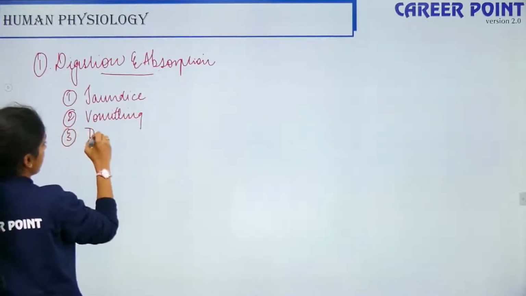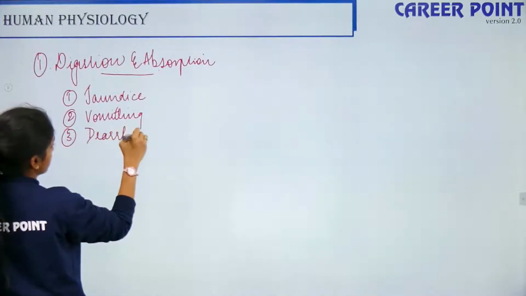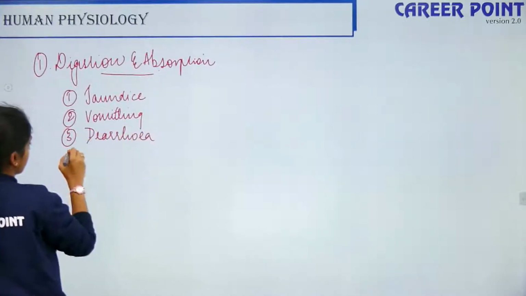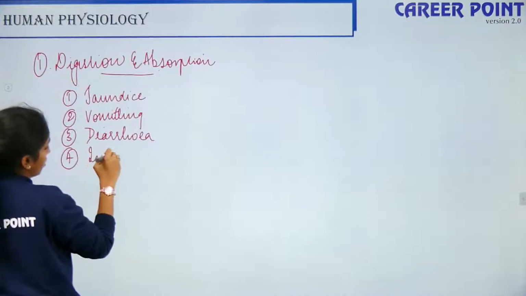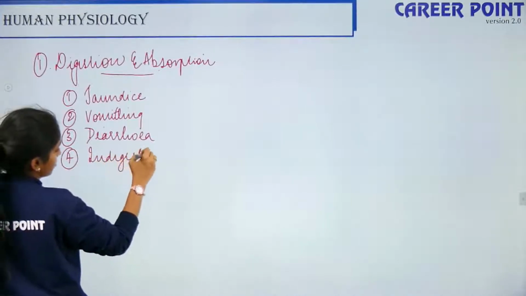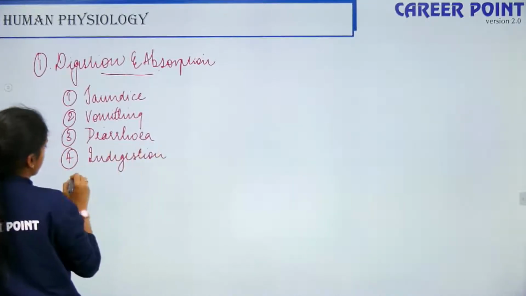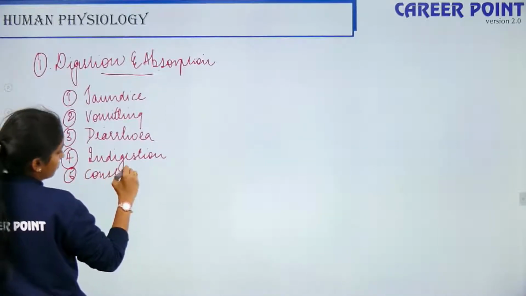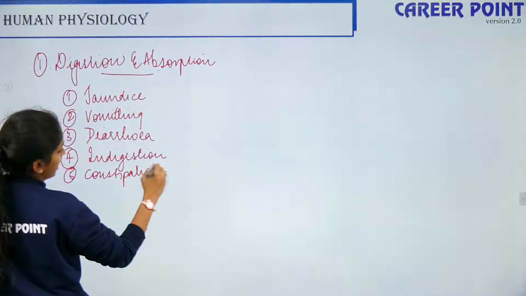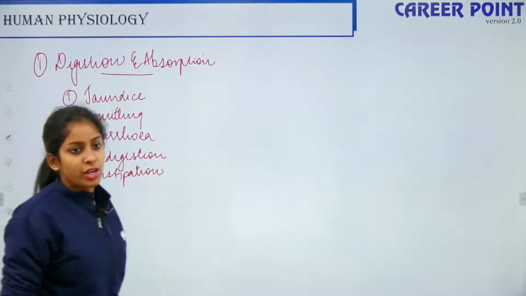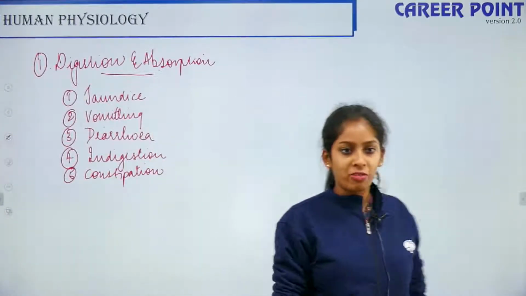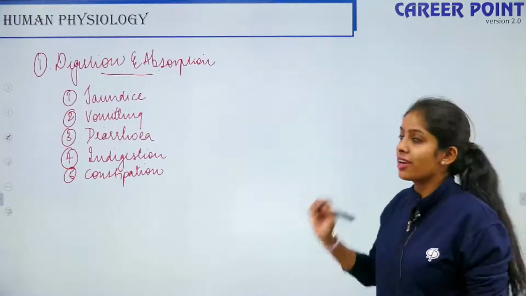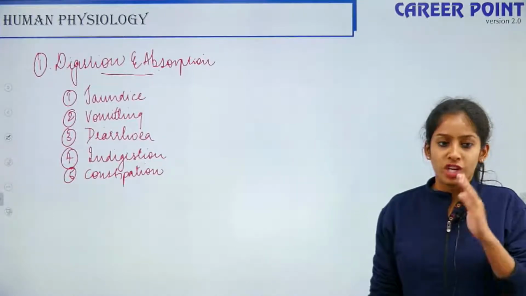Then we spoke about diarrhea, then indigestion, then constipation. Are you able to recollect what happens in each of the diseases? Do you have the tabular column that I gave you? Yes, so these are the 5 diseases under the topic digestion and absorption.